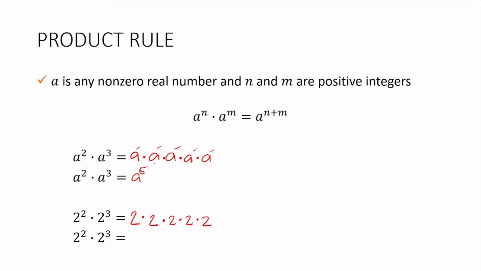So that would be 2 raised to 5. Next time you can skip these lines and just immediately proceed with the rule: copy the base and then take the sum of the exponents. If it involves constant values, then you evaluate further. Like this one, 2 raised to 5, so 2 squared times 2 cubed is equal to 32.